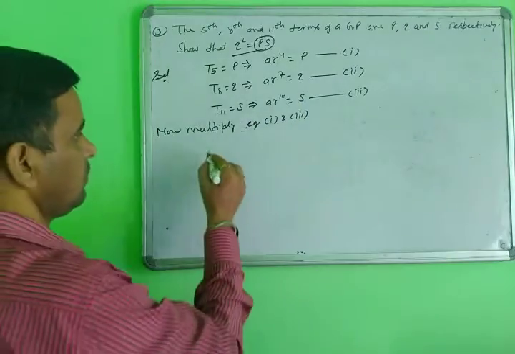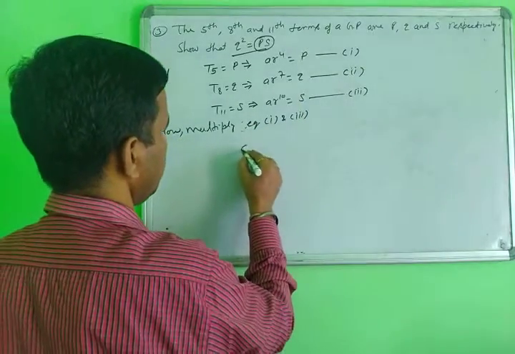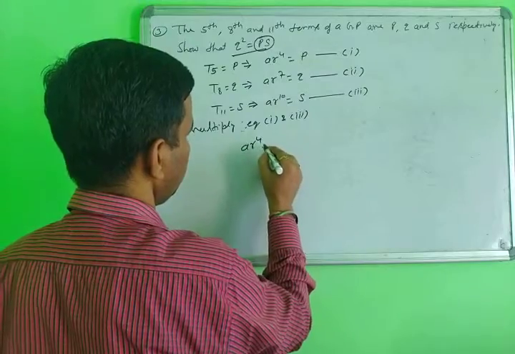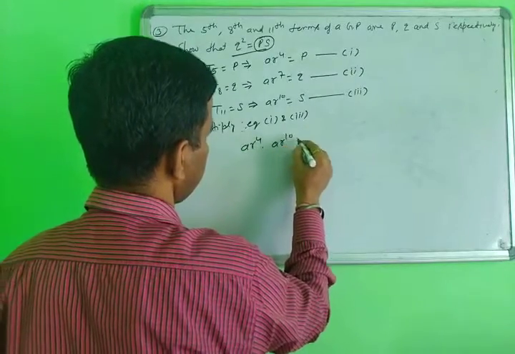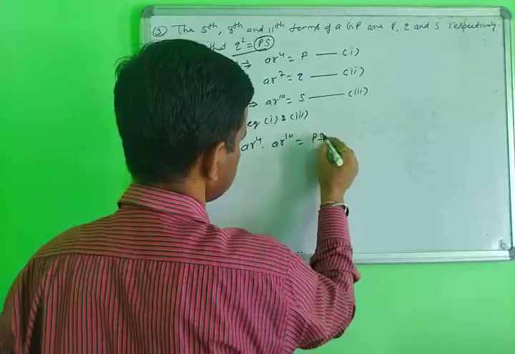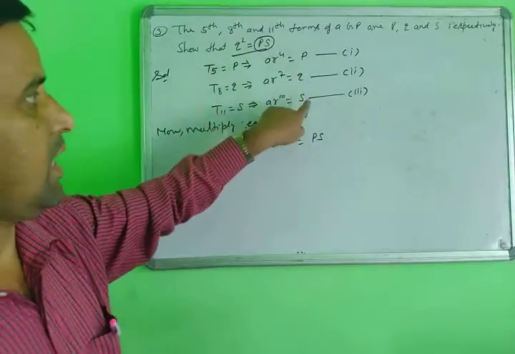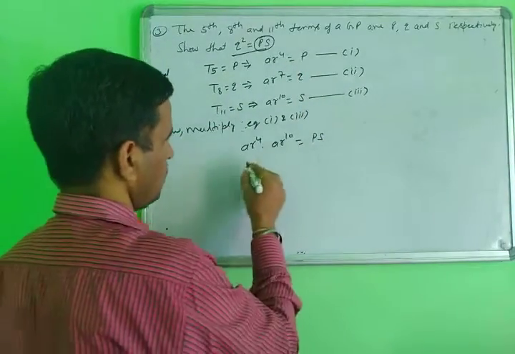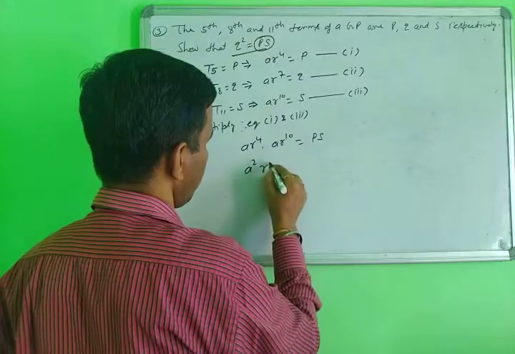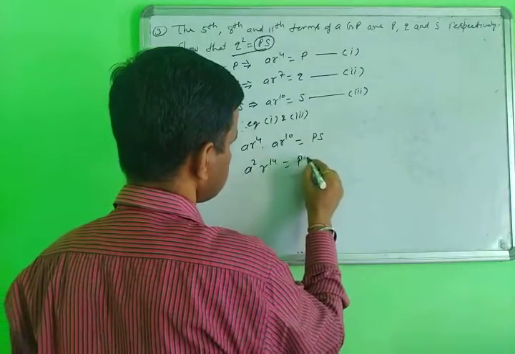So now AR^4 into AR^10 equals P into S. Then you get A square into R^14 equals PS.